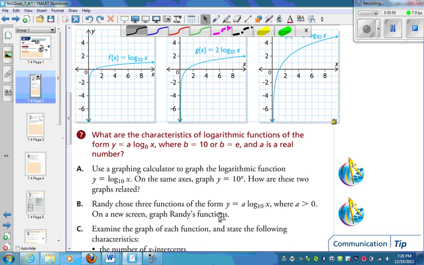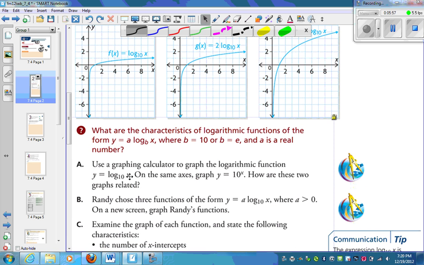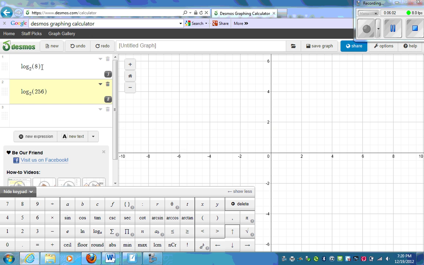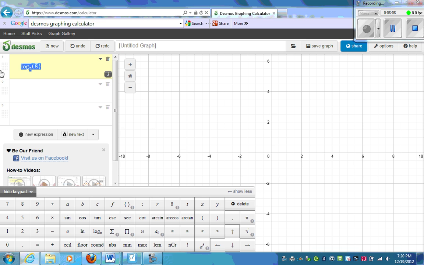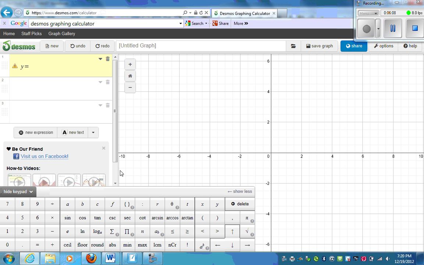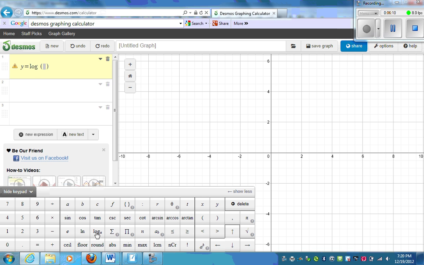Okay, so now it says use a graphing calculator to graph y equals log 10x and also y equals 10 to the x. Let's try that. Instead of just using this to get a real value, we're going to graph this. So y equals log, and if we don't put anything, it assumes 10. At least let's hope it does. Oh, Desmos actually wants me to write 10 in.